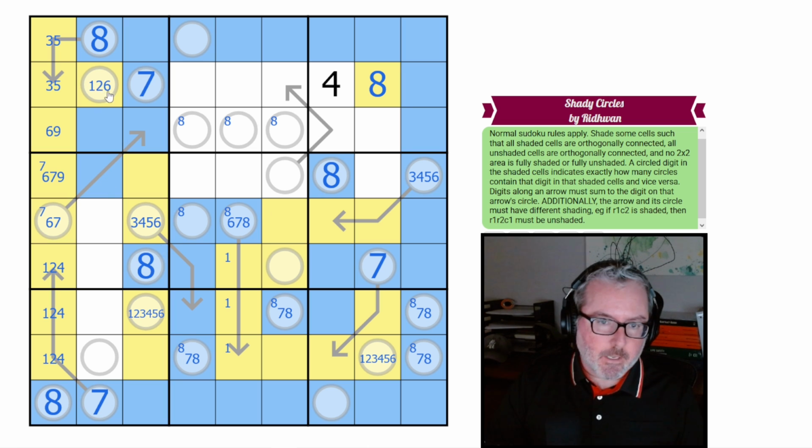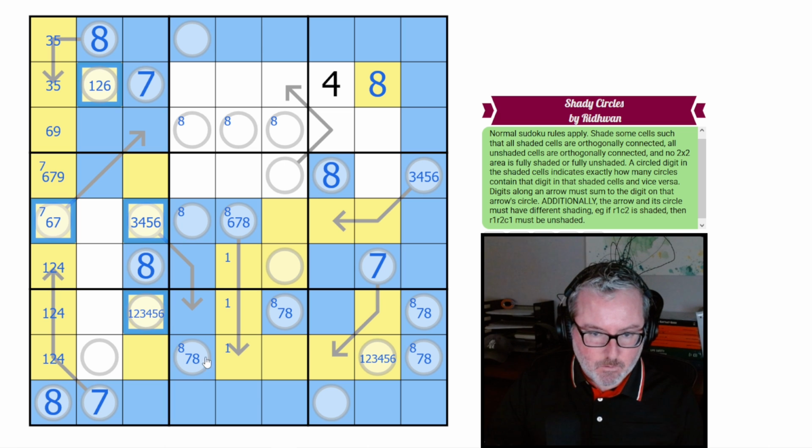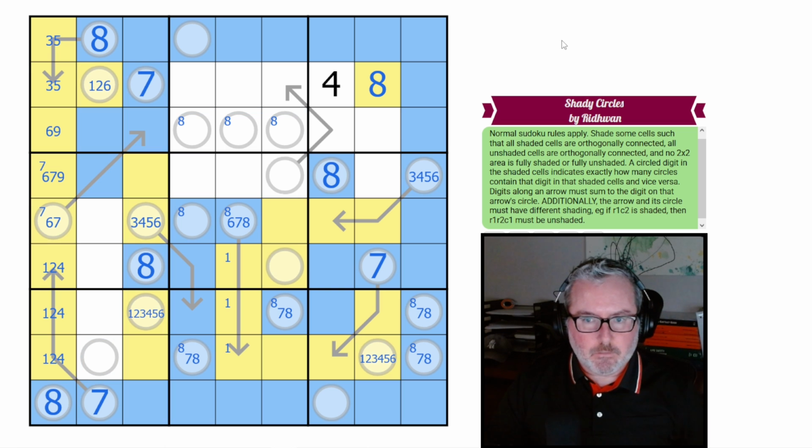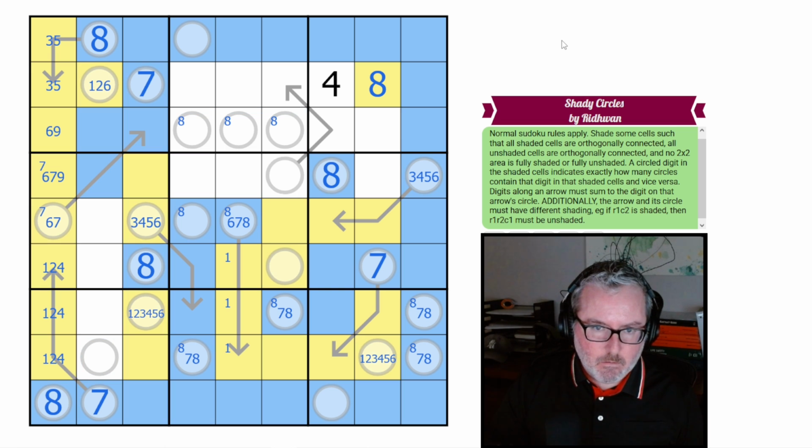So how many yellows do we have? 1, 2, 3, 4, 5, 6 at the moment. It is possible that we have 7, 8, 9, 10, 11 total. Now, is it possible?